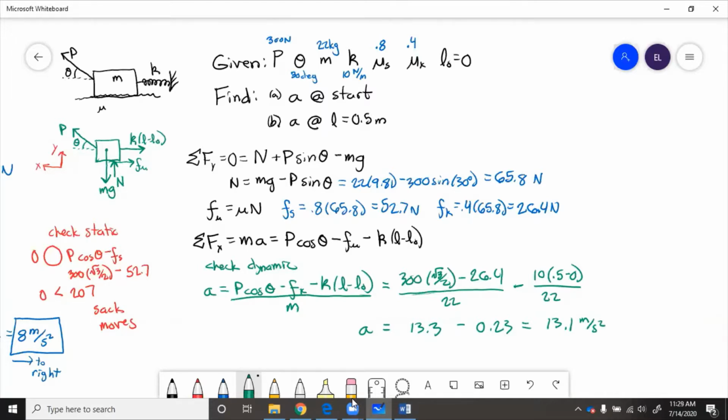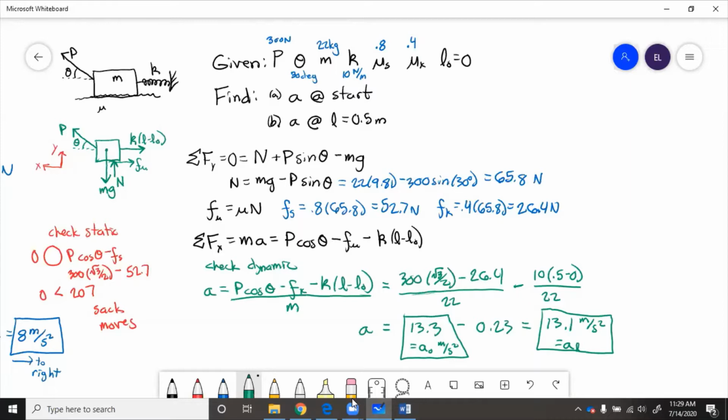So this is A after 0.5. And then this part is A initially before the stretch.